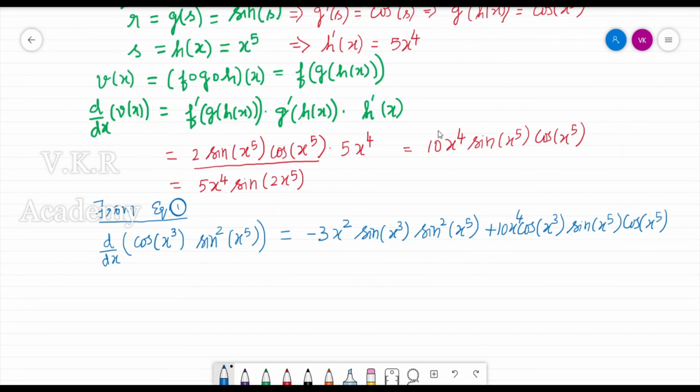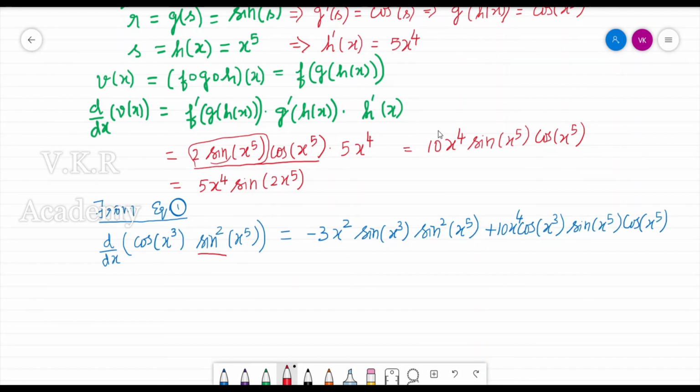This application of the chain rule, we should be able to do directly without making these assumptions. So in applying the chain rule, first we have to differentiate the exponent. So differentiating sine squared, we get 2 sine, the same argument x power 5.